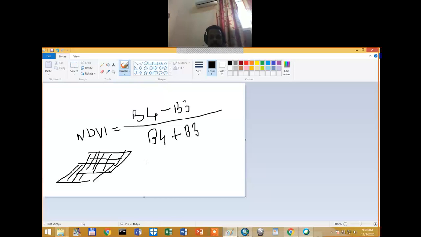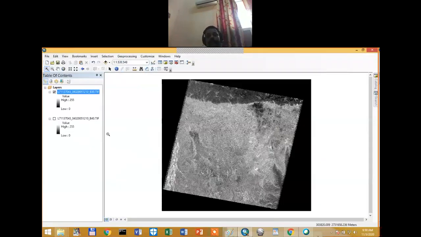This is my band number 4 image, and this is my band number 3 image. And then we are calculating NDVI for the same pixel using this equation. Okay, so how we are going to do it in ArcGIS using this image.